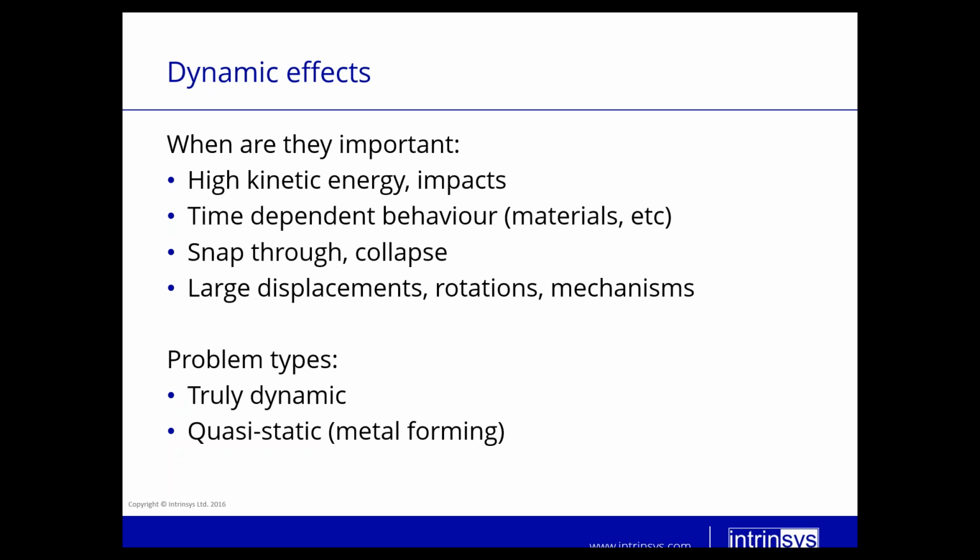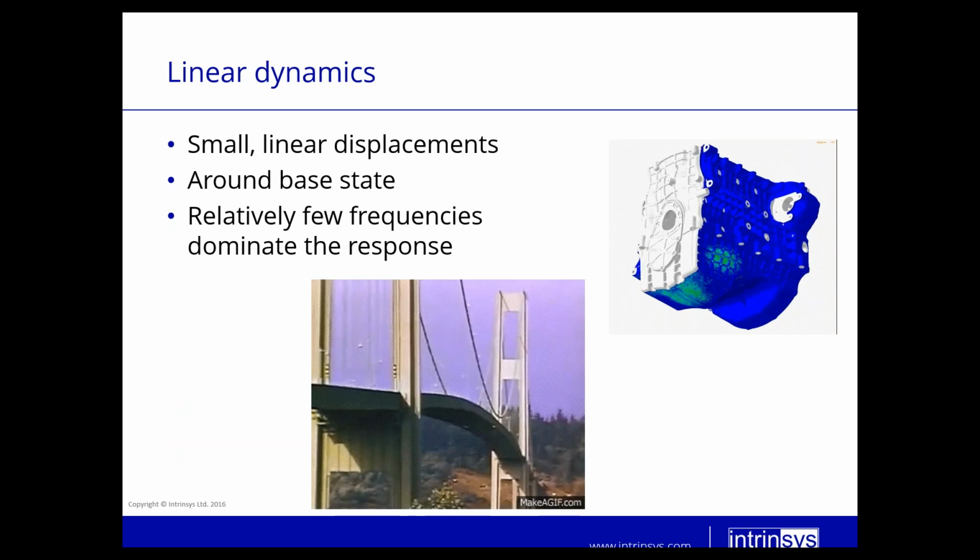So it helps you overcome some of the limitations of a static solver. For example, parts don't have to be constrained in a dynamic analysis, as opposed to a static one, where, as we all know, if we don't constrain the parts, we end up with a zero determinant and we are not going to solve our problem.